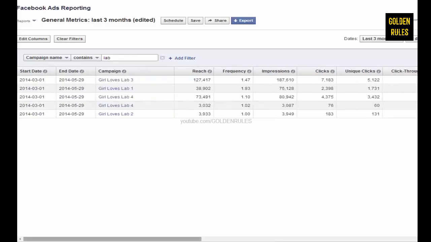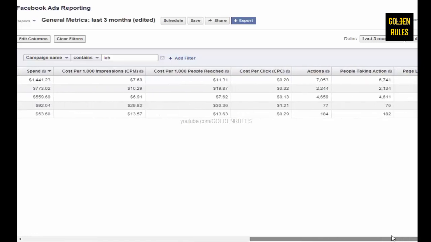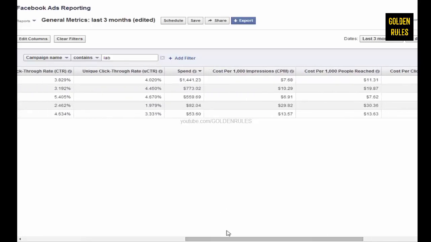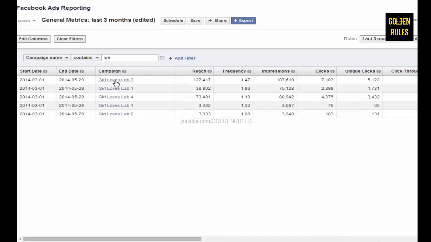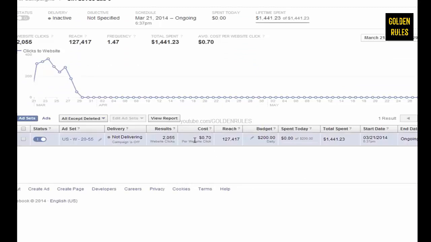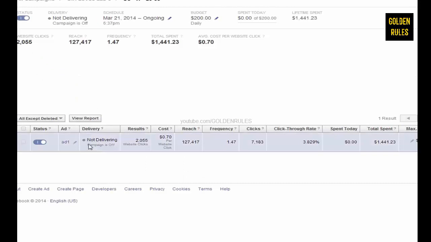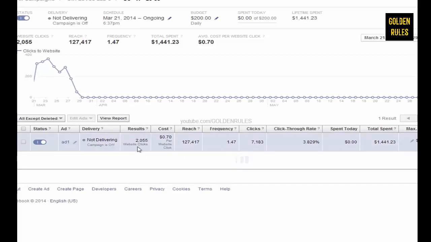Let's go take a look at one of these. Let's see one I spent the most on. The top one there. Let's take a look. Take a look at the ad here. Look at my targets.